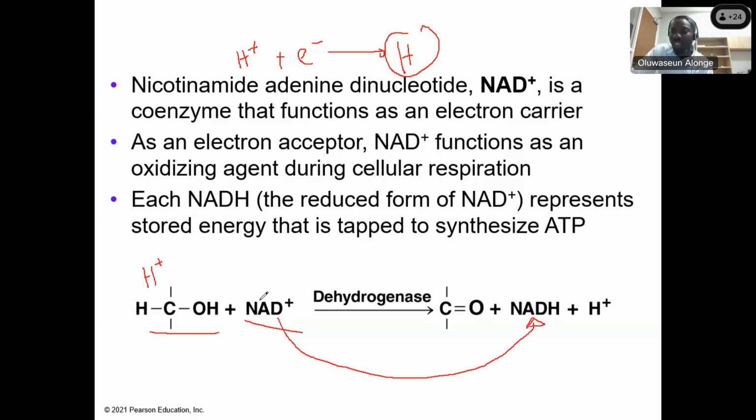Accepting electron means reduction, because electron is negative, and when you receive negative, you become reduced. So when NAD plus receives electron, it becomes reduced and becomes NADH.